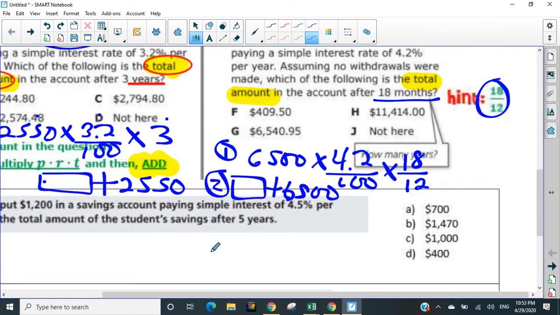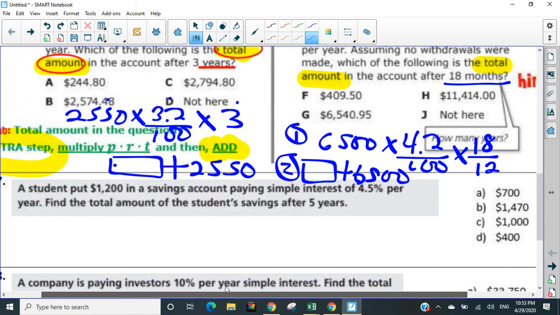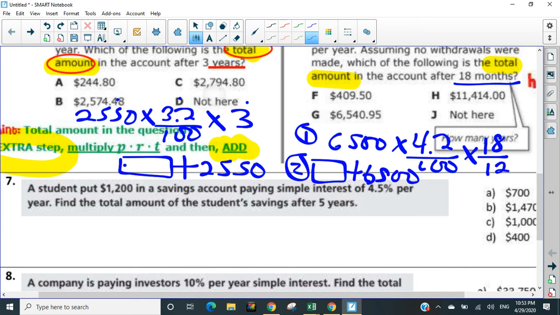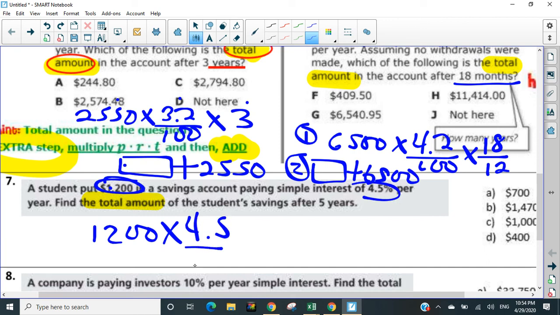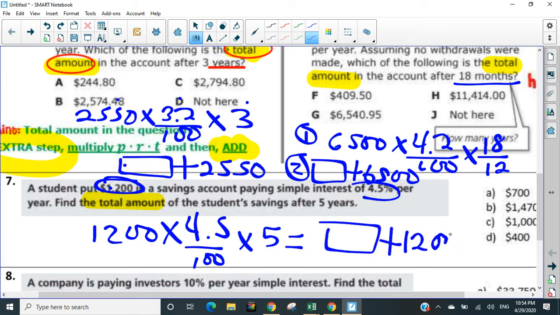All right, then the last two, let's go over them. The question is asking for total amount, so there's definitely an extra step. 1,200 times 4.5 out of 100 times 5 will equal an answer, and that answer needs to be added to the 1,200.